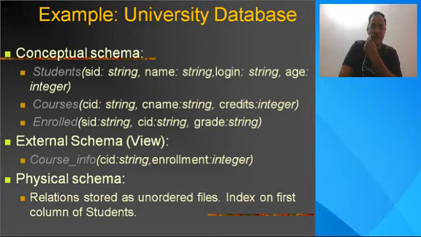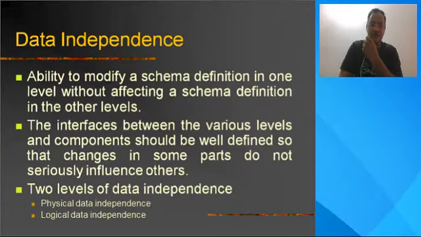Course is another entity where the fields are course ID string, course name string, and credits string. Enrolled has student ID string, CID string, and grade string. The external schema view is the course information: CID string, enrollment integer. The physical schema is the relations stored as unordered files, with an index on the first column of Students.